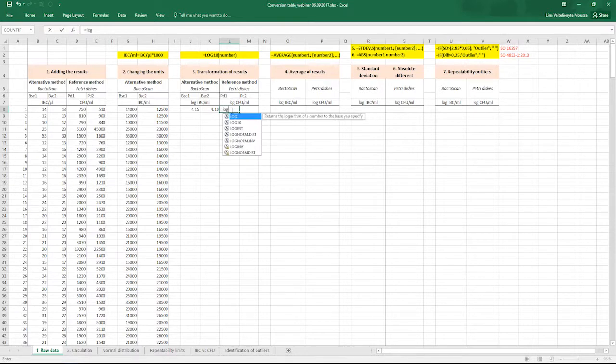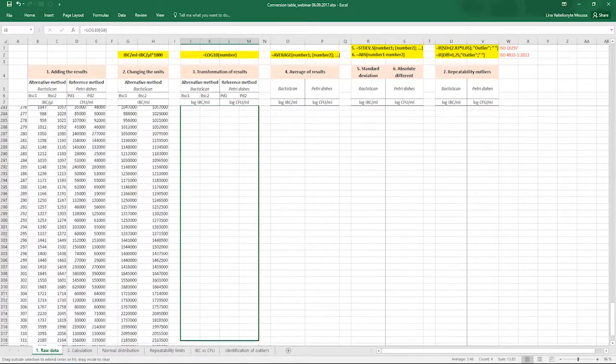And the same we do with the reference method data, log10 of CFU per milliliter, for the first and second replicate. Now we have the first pair of samples from BactoScan and BacSomatic transformed to logarithmic units. To transform all data, mark the cells and drag it down.